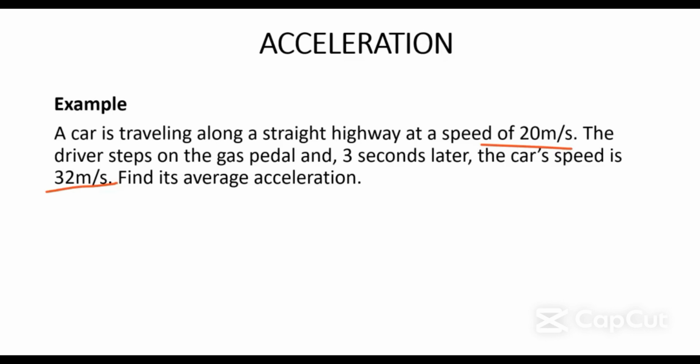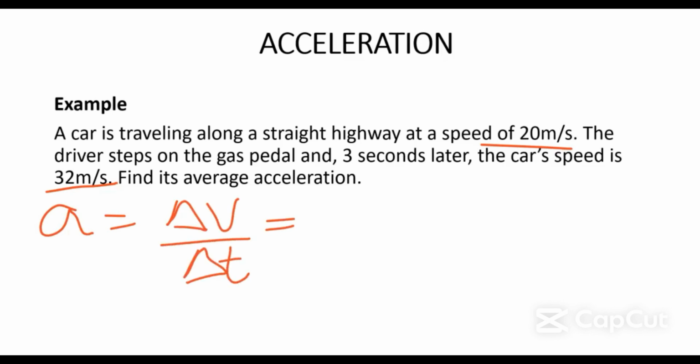Like what we said before, the acceleration a is equal to the change in velocity over the change in time, which is equal to the final velocity minus the initial velocity over the change in time.